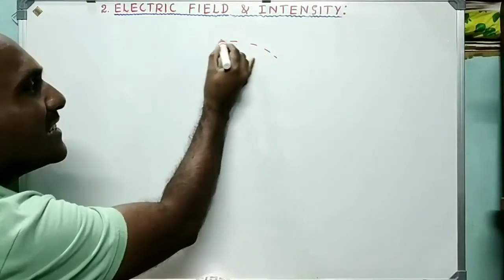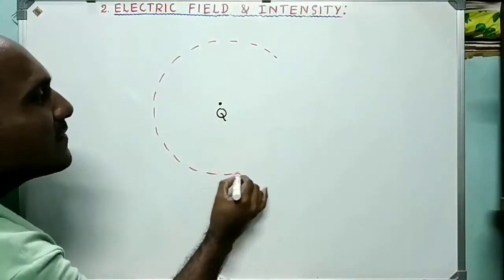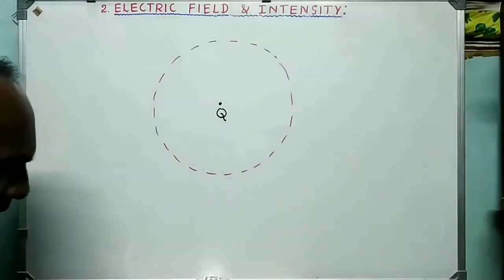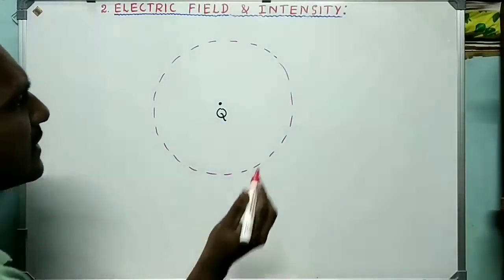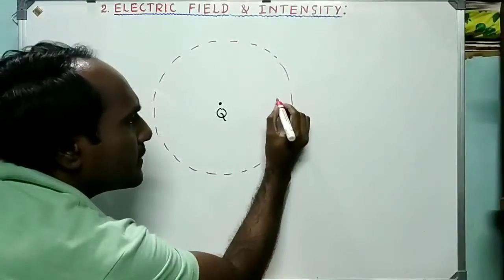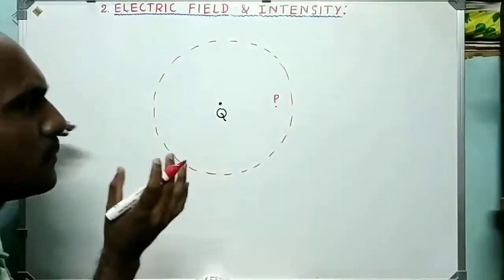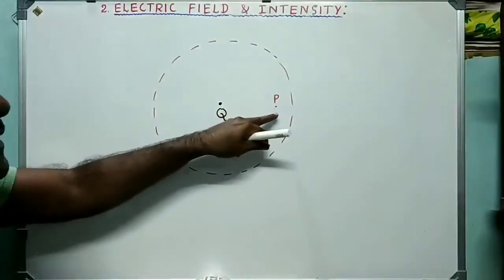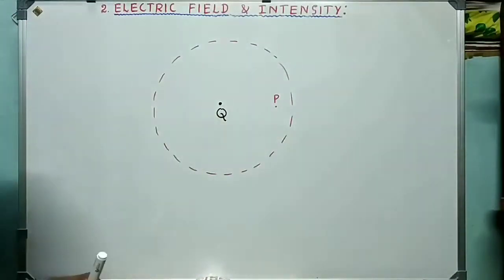Electric field around it. Getting the idea? See here, now I will consider a point P here. Now the point P is present where? In the electric field of the source charge.